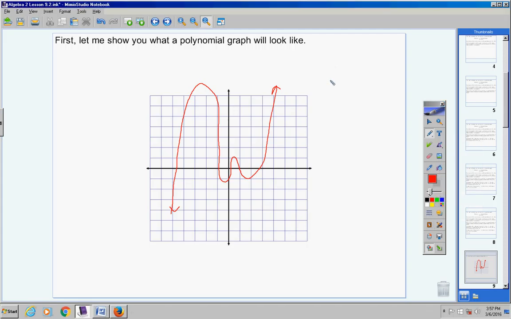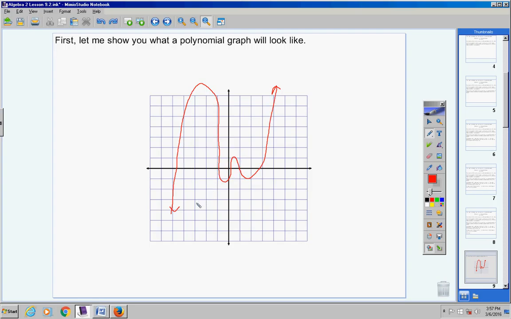So understand, it's not like graphing a quadratic, where we know it's going to have a parabola shape. It can have many turns, but the main thing you need to know is it'll take smooth, rounded turns. That's number one.